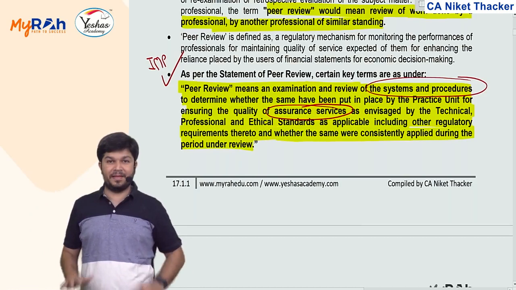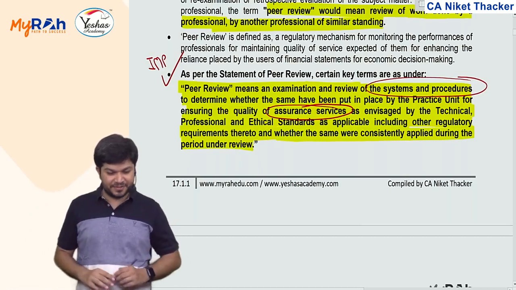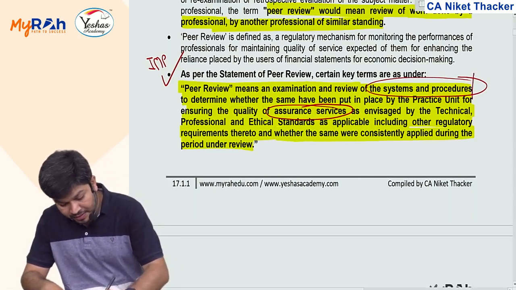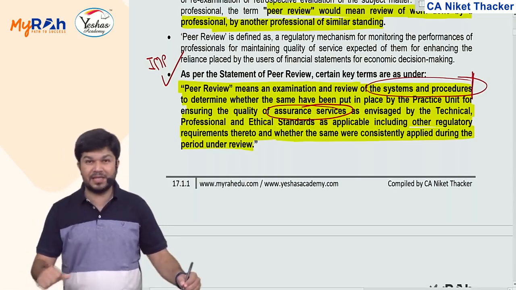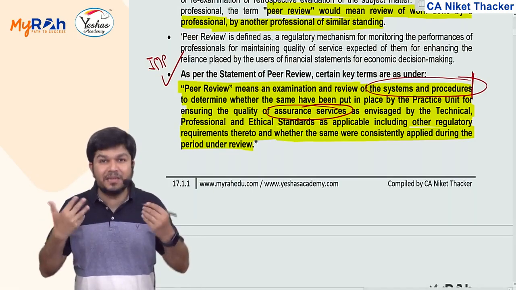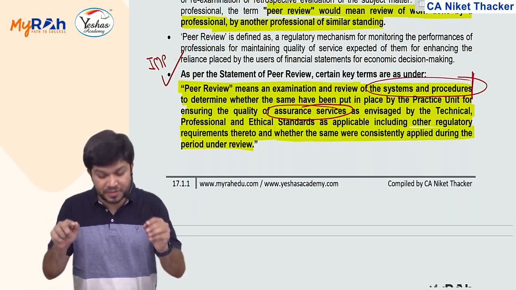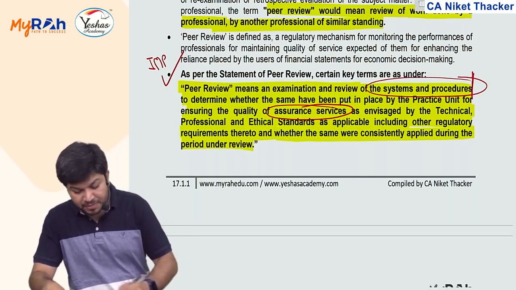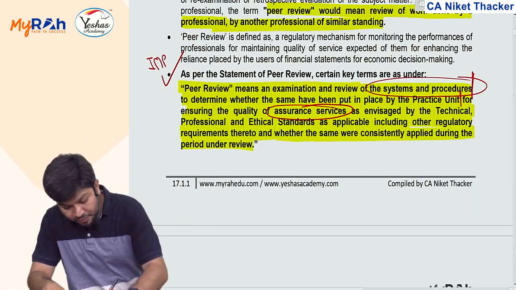Again, I'll just divide the definition. It's an examination and review of systems and procedures. I'll cut here. It's examination and review of systems and procedures to determine whether they've been put in place by the PU. For what?